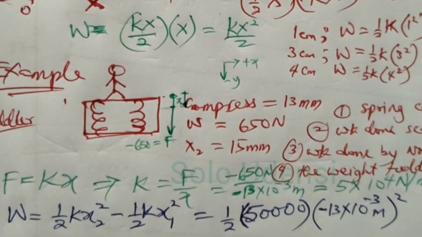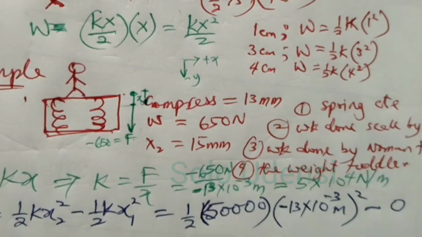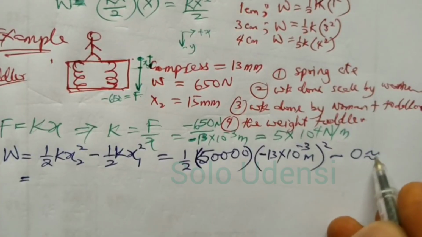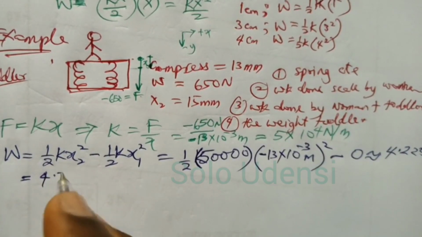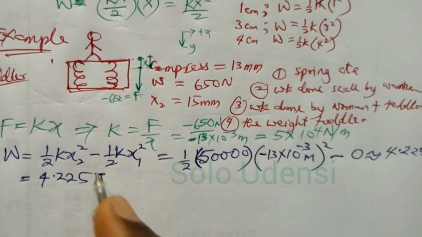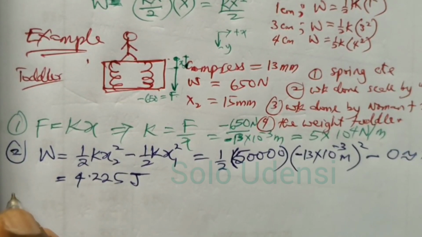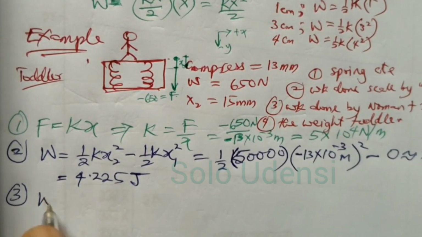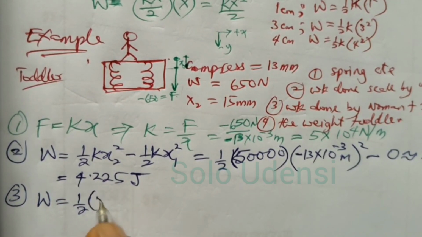The whole of the other term is 0 because x1 is 0, so we get approximately 4.225 joule.